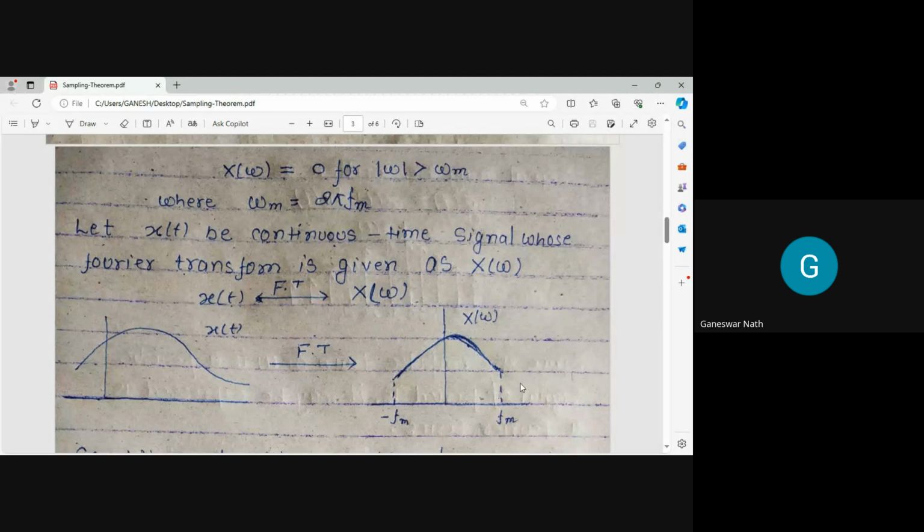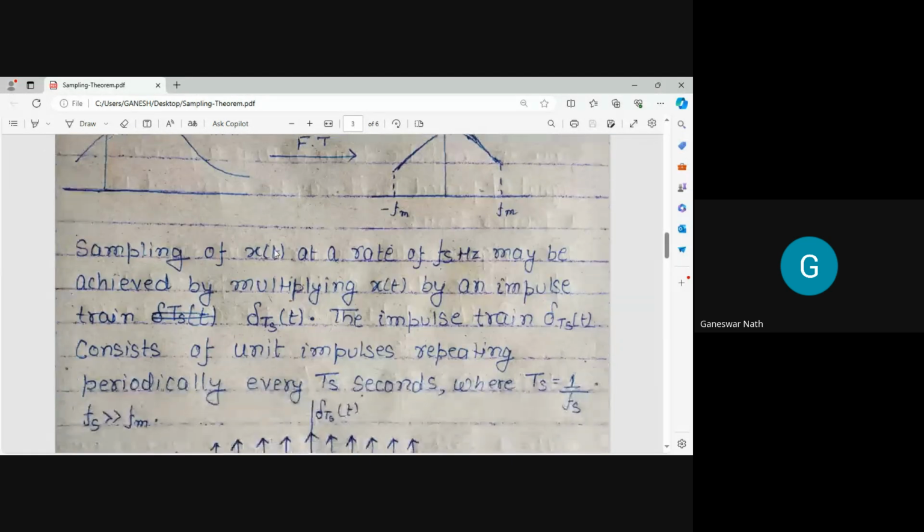Now, sampling of xt at a rate of frequency fs may be achieved by multiplying xt by an impulse train, let it be delta ts t. The impulse train delta ts t consists of a unit impulse repeating periodically every ts seconds, where ts is equal to 1 by fs.